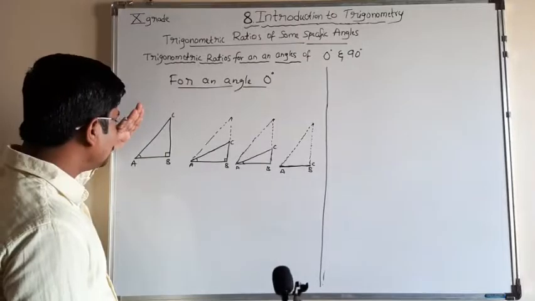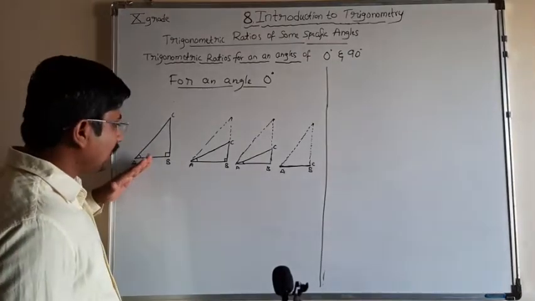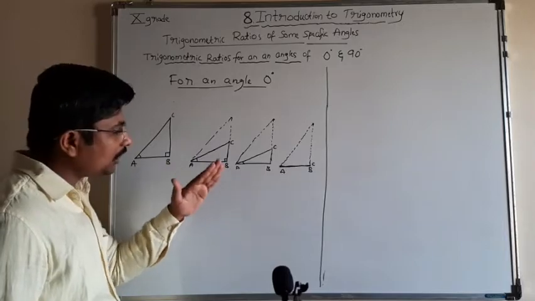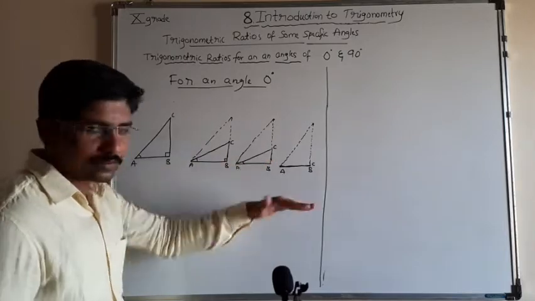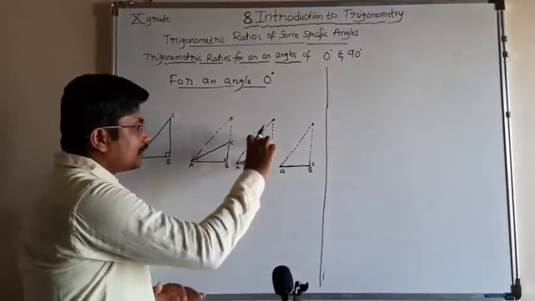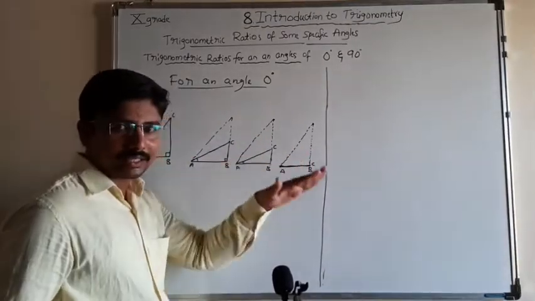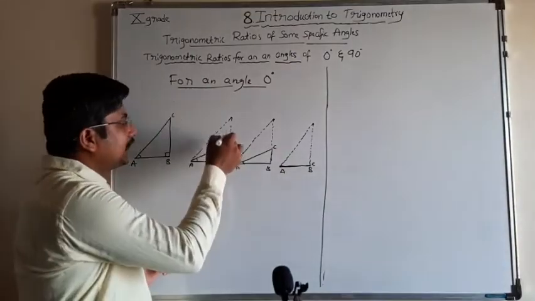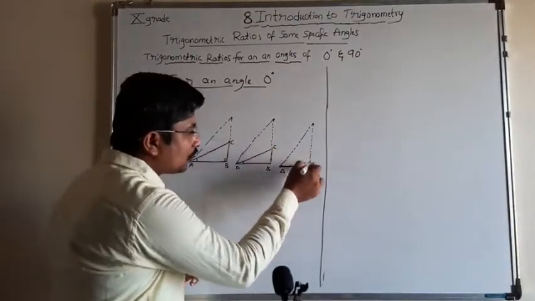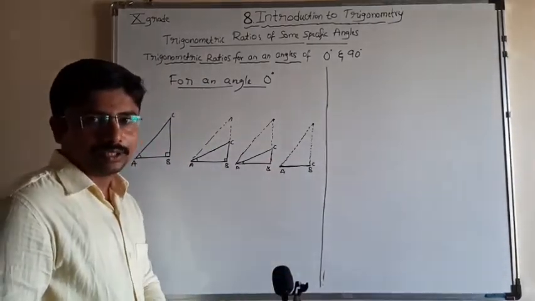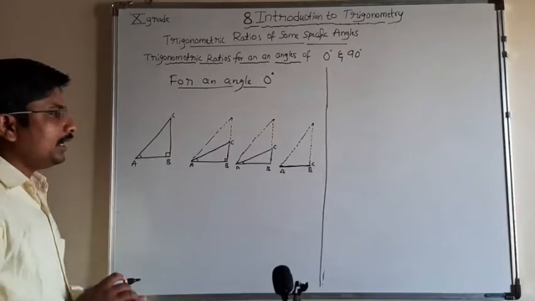As the angle A gets smaller and smaller, the length of the side BC goes on decreasing, and the point C gets closer to B. Understood?